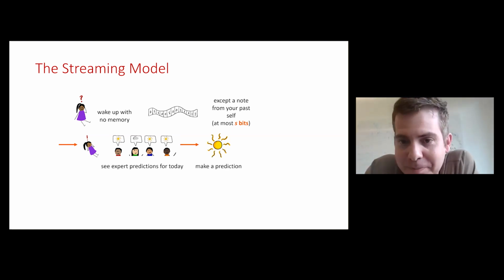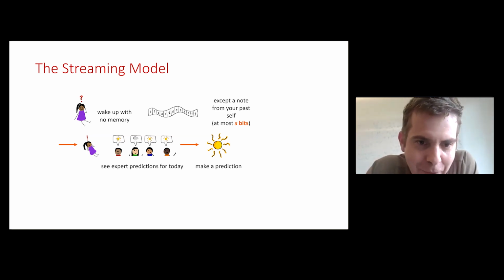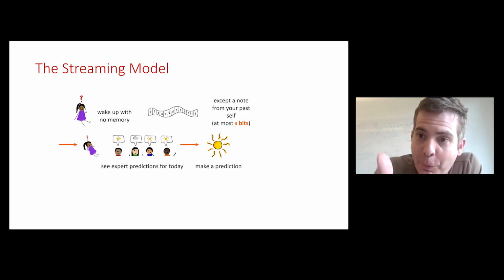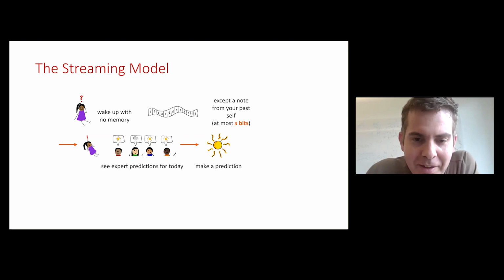Then you make your prediction, and all the while you're using s bits of memory. Though our lower bounds actually hold more generally, even if you store all the predictions on a day, for that day, and then forget it for the next day. But just think of this as a streaming algorithm that's using s bits of memory on each day.